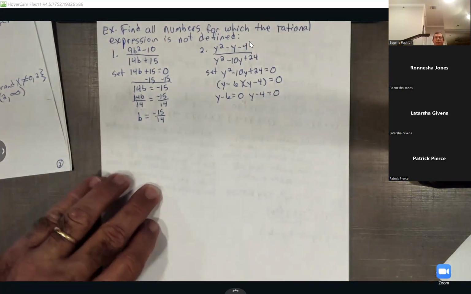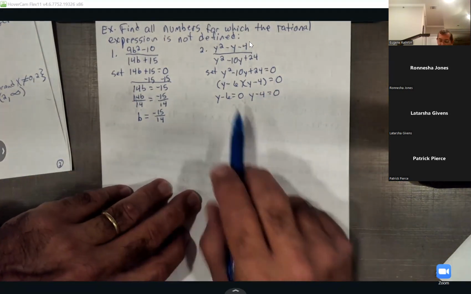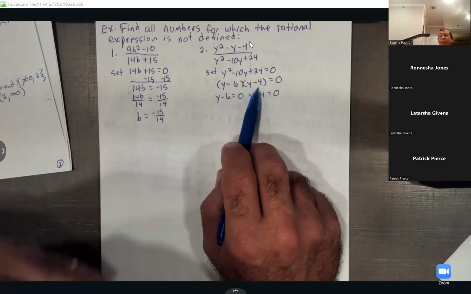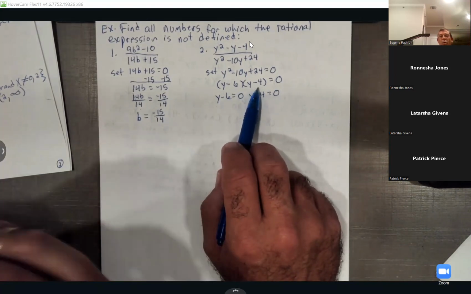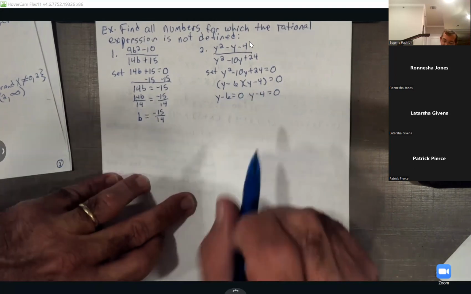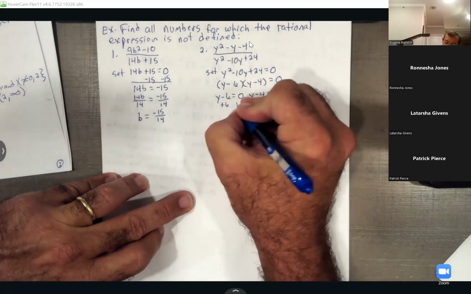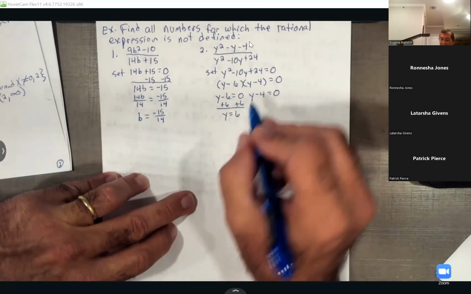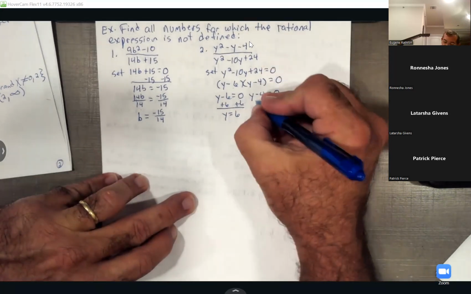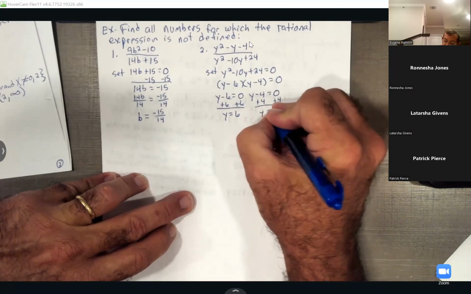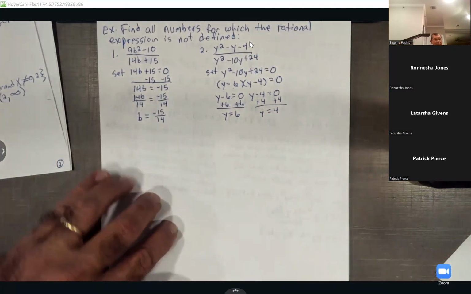Just like when you found zeros, which were actually the solutions, the zeros always had the opposite sign than the factors. So you add 6 to solve this. Notice if the factor is negative, the answer was a positive 6. And this one was a negative factor, but when you solved it, it became a positive 4.